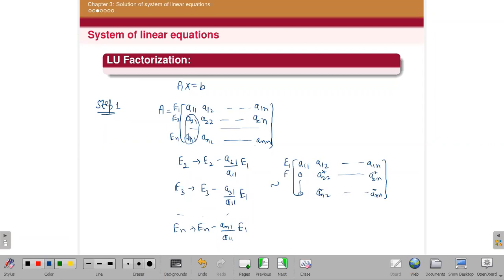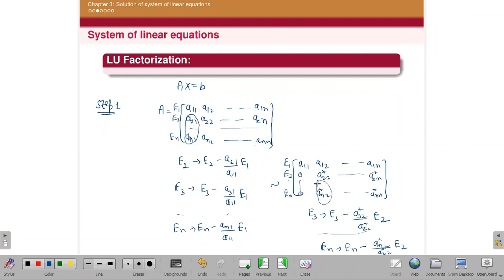So again you have to make these elements 0 now. Here also we will apply the operation E3 minus A32 star divided by A22 star into E2, and so on EN minus AN2 star by A22 star into E2. You all know how to apply these operations. This is simple Gauss elimination actually.